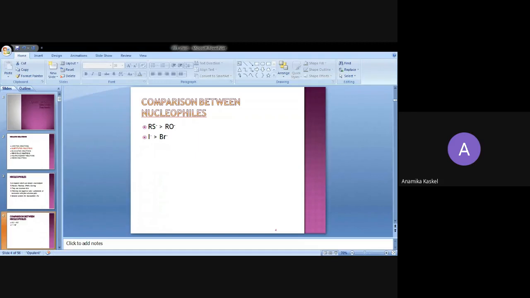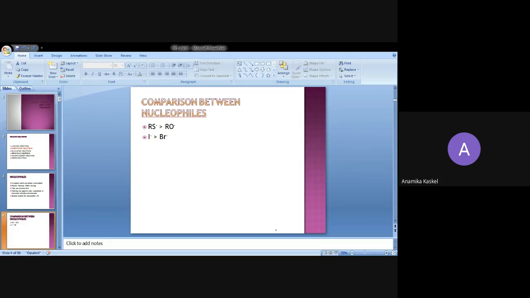Because on RS minus there is a negative charge density. But RO minus is also a nucleophile because on RO minus also some electron charge density is there. But the question is, if you put one positive charge, then RS minus will react much more strongly than RO minus.